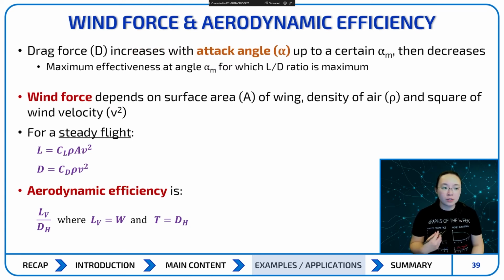The drag force is going to increase with an attack angle up to a certain angle called alpha m, which means the maximum attack angle. At this point, it'll just decrease because it'll just pivot to being okay again.